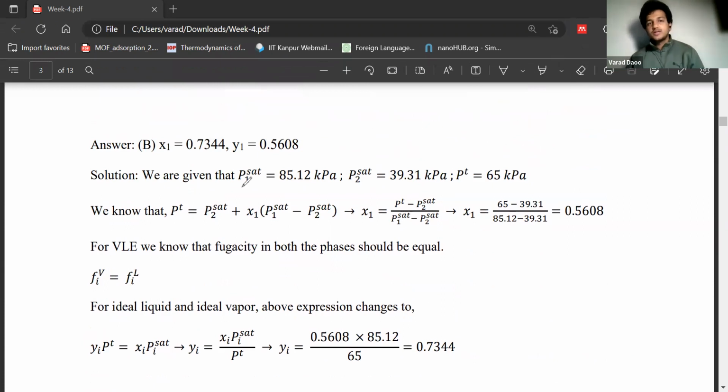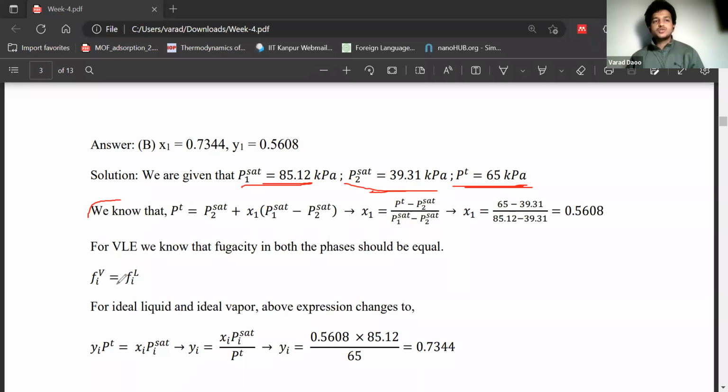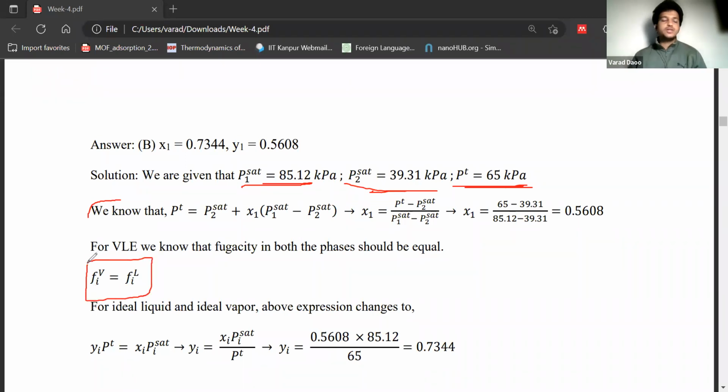What we are basically given is P1 sat, P2 sat, and also the total pressure. We know that for two phases to be in equilibrium, the fugacity of both the phases has to be equal. On this basis, two expressions will arrive when you do the fugacity calculation for the two phases.